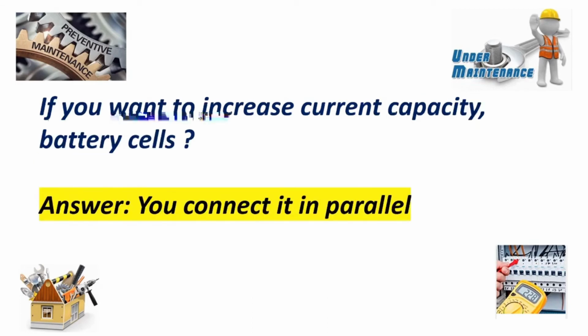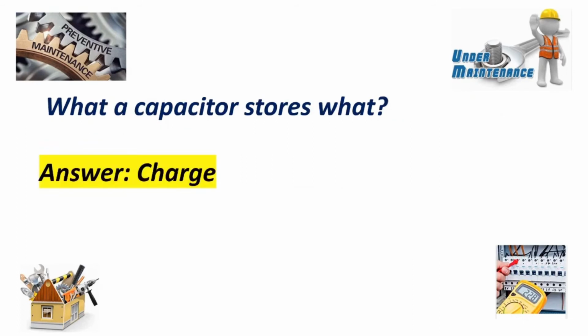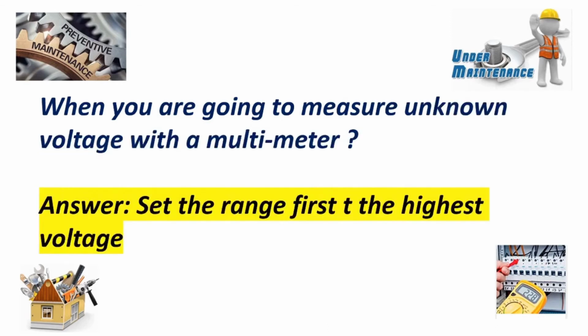If you want to increase current capacity in a battery cell, you connect it in parallel. A capacitor stores charge. When you are going to measure an unknown voltage with a multimeter, set the range first to the highest voltage.